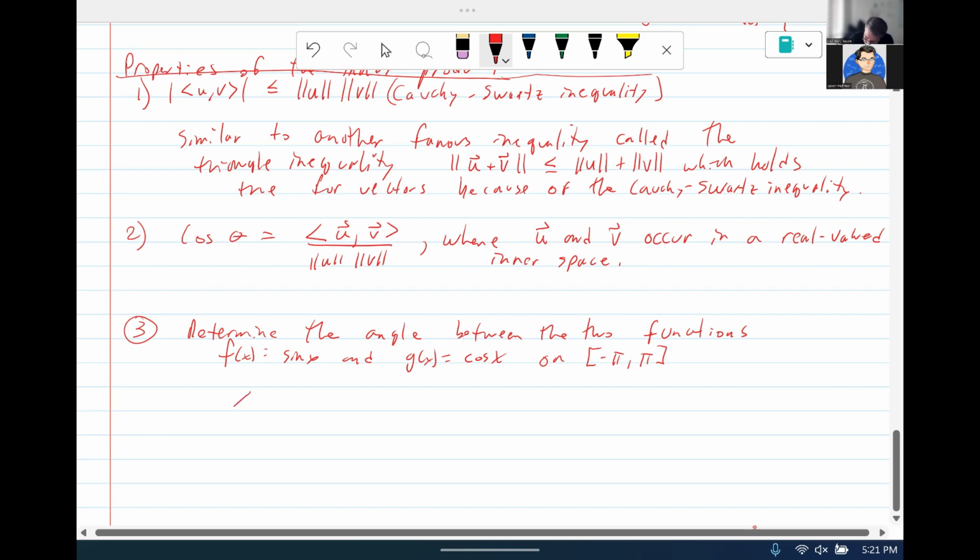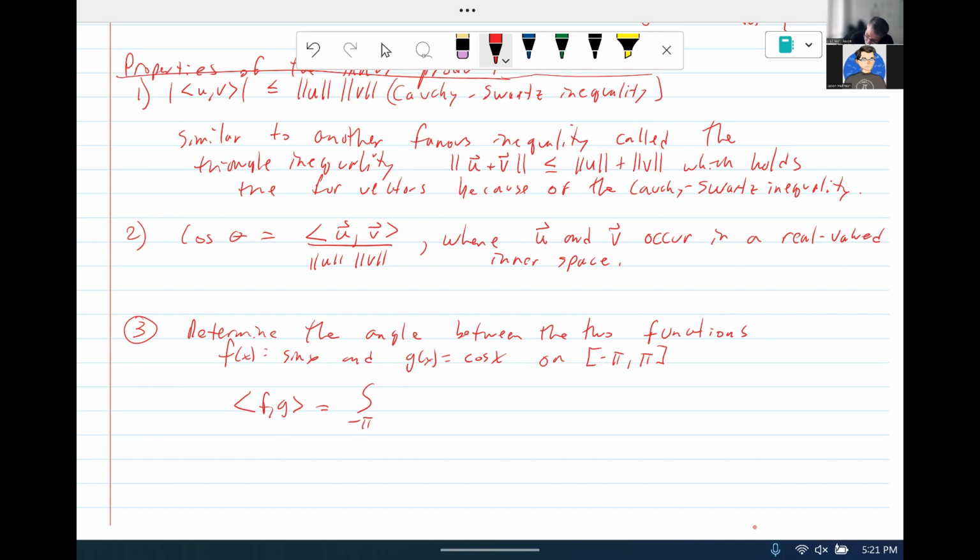So let's use our inner product for functions. We choose our inner product of f and g to be the integral from negative pi to pi of sine x cosine x dx.